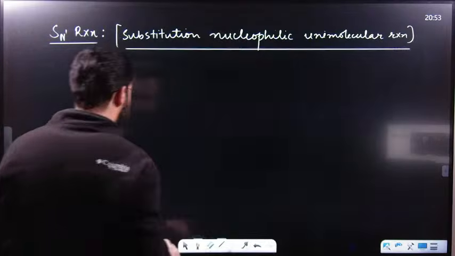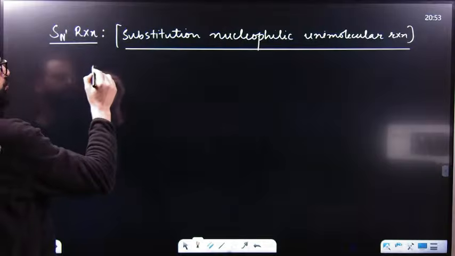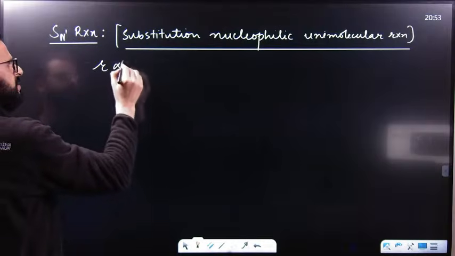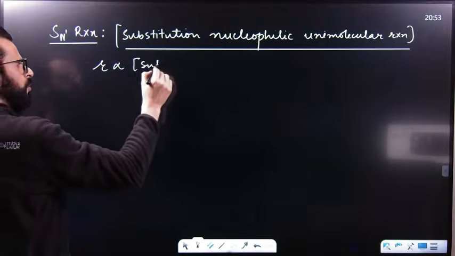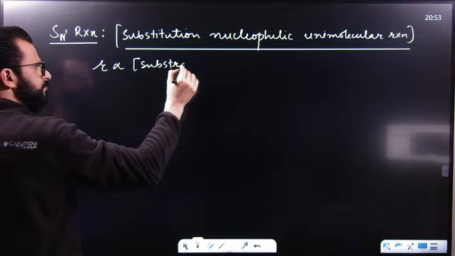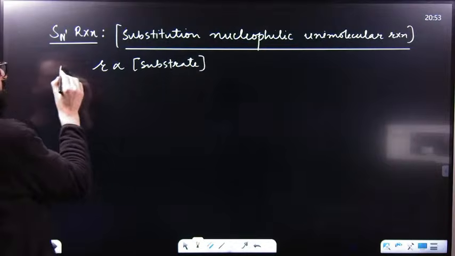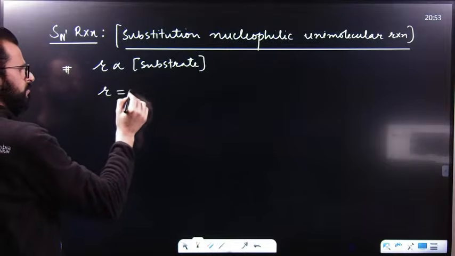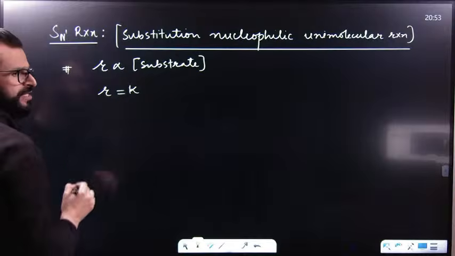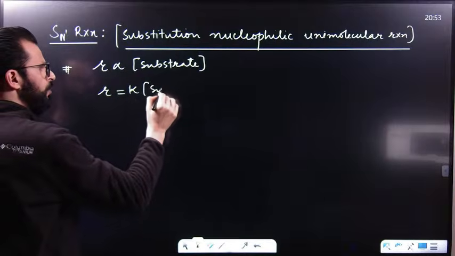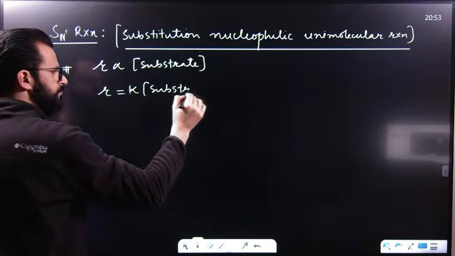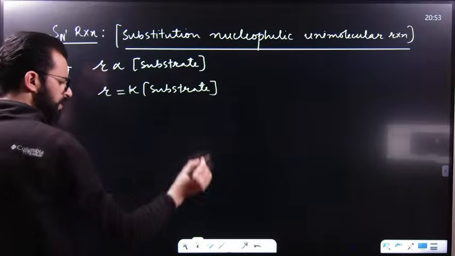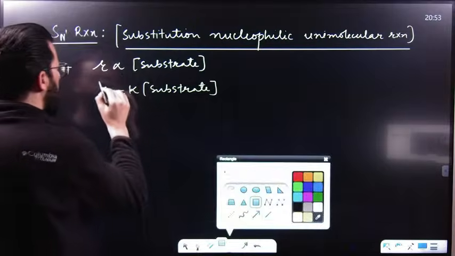First of all, SN1 reactions are those reactions for which rate is directly proportional to the molar concentration of the substrate. This is point number 1. So if I remove this proportionality term, can I write the proportionality constant, known as the rate constant, into the molar concentration of the substrate? So this is the rate law equation.